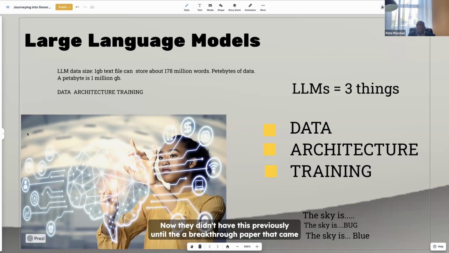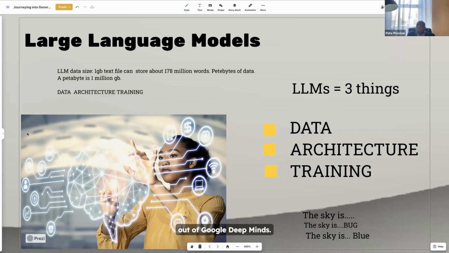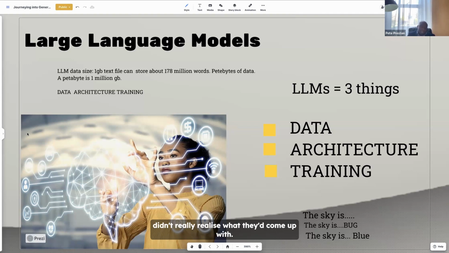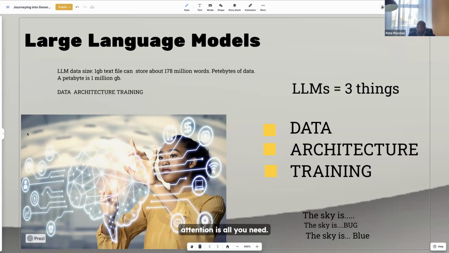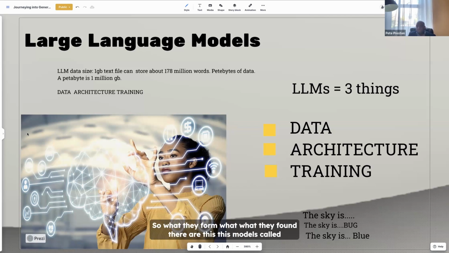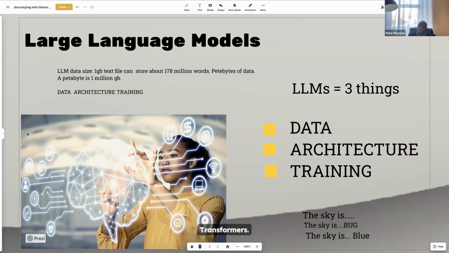Now, they didn't have this previously until a breakthrough paper that came out of Google DeepMind. To be honest, I think, as an aside, they probably didn't really realize what they'd come up with. This all came out in the scientific paper called Attention Is All You Need. What they found there are these models called transformers.